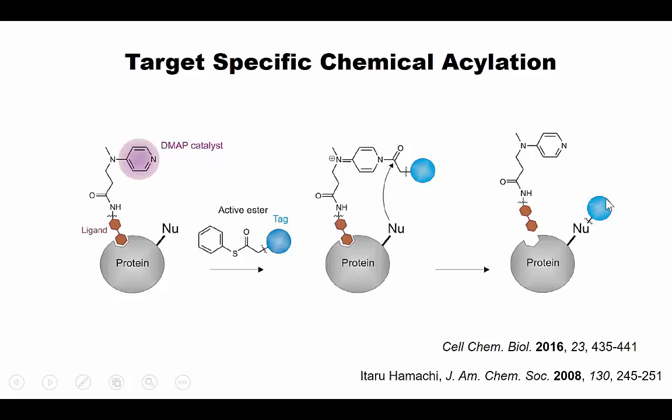It's the same as before, but previously the structure of the ligand or the complex was destroyed too. In this example, this original ligand and catalyst part is still intact. It's the same as the original structure. That means this structure can be released from this protein and can activate other target proteins. That means this molecule can be recycled as a catalyst, which can potentially increase the efficiency of this labeling method.